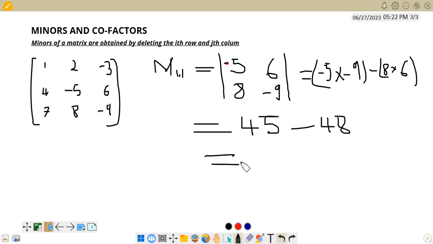So we have the answer as -3. So it means the minor for 1, 1 is -3.